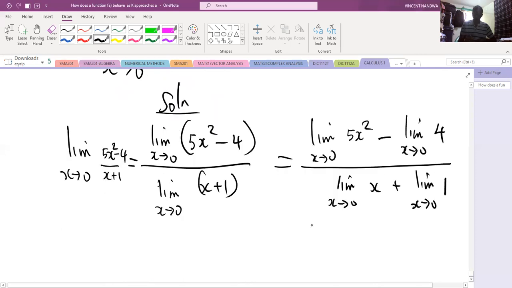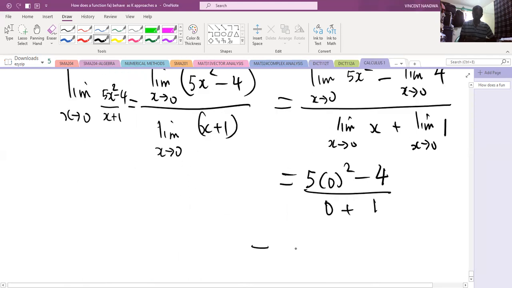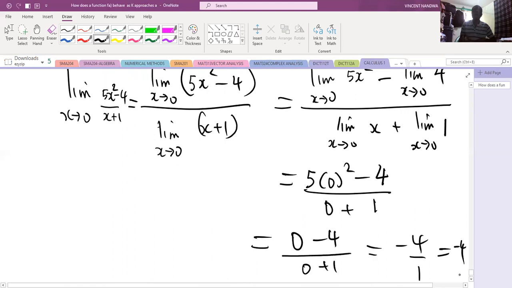So direct substitution will be 5 times 0 squared minus the limit of a constant, which is a constant, divided by limit as x approaches 0, direct substitution gives us 0, and the constant is 1. So this will be 0 minus 4 over 0 plus 1, which is minus 4 over 1, which is just minus 4.